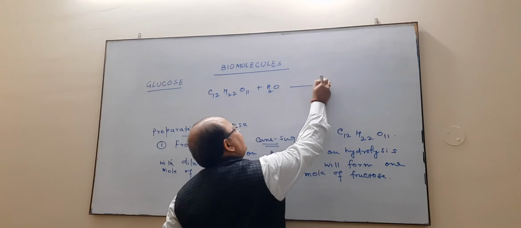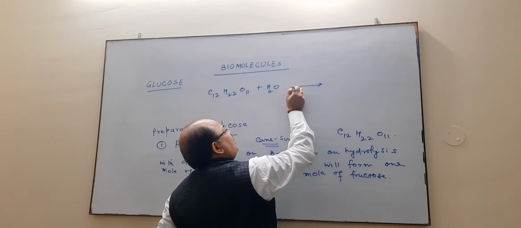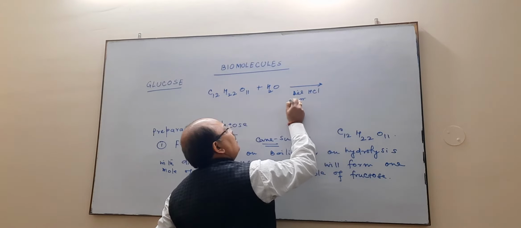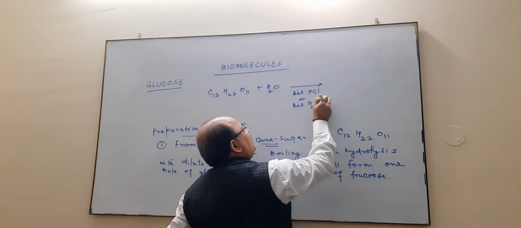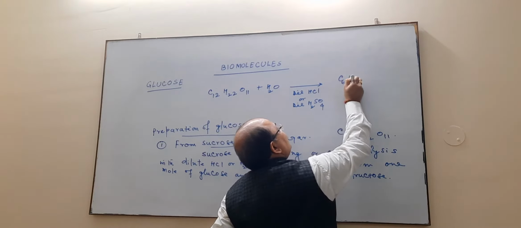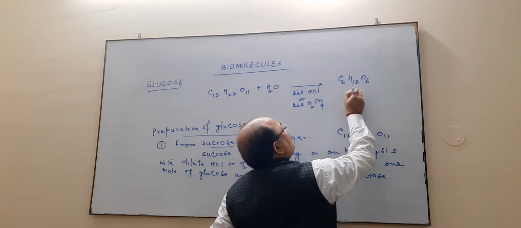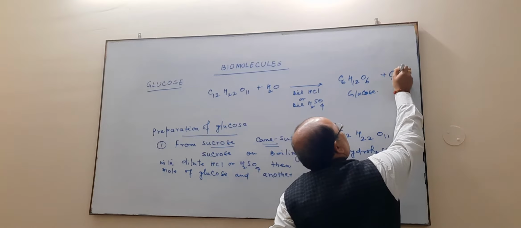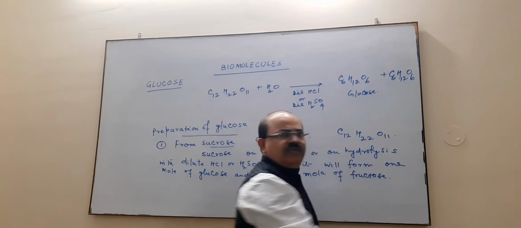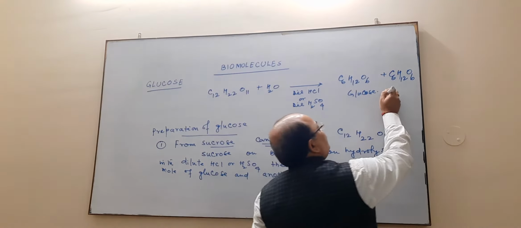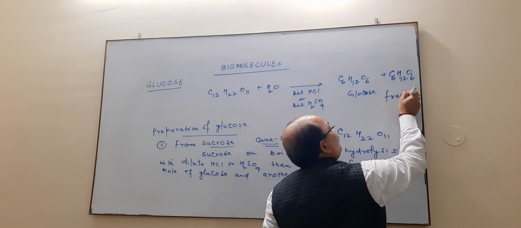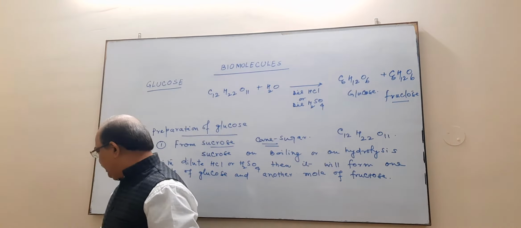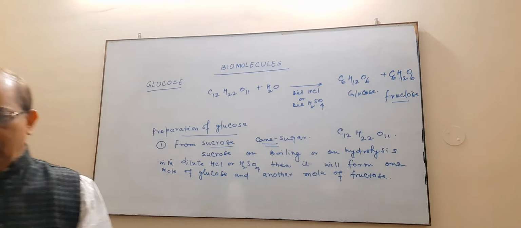On hydrolysis, you just heat in the presence of dilute HCl or dilute sulfuric acid, it will give C6H12O6, which is the formula of glucose, and another product is again C6H12O6, and this is the formula of fructose. So this is one of the methods by which we can obtain glucose.